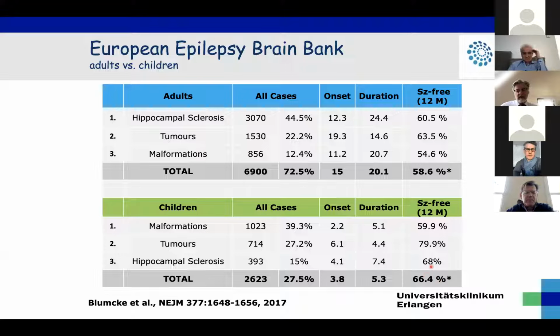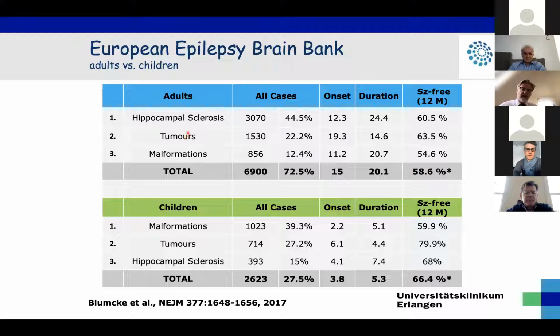That is the other important thing: with this huge collaboration, you do not only describe the disease spectrum, but you can also come up with some functional parameters, and that is the outcome over a really huge series of patients. And overall, you see that the children do better, and that is, to my understanding, most likely due to the longer disease duration.